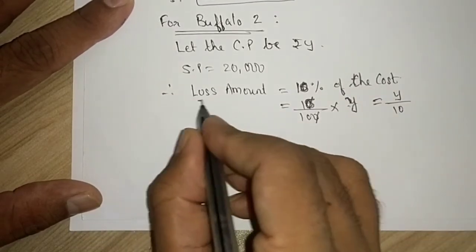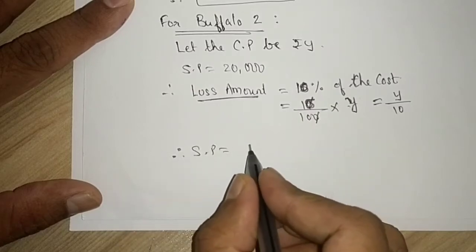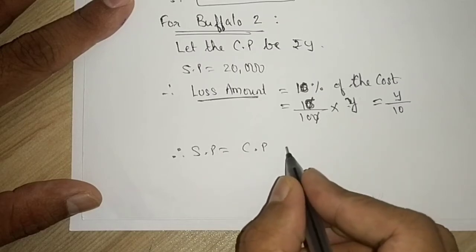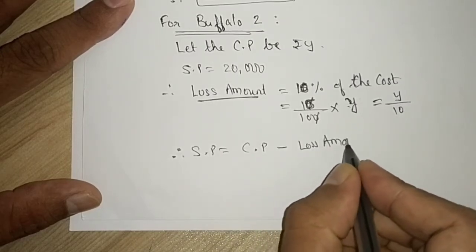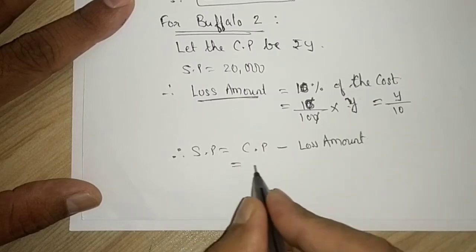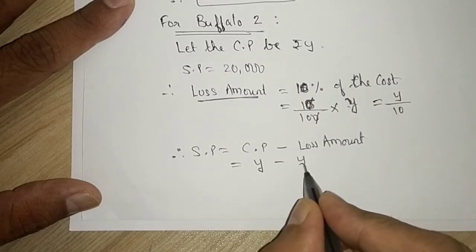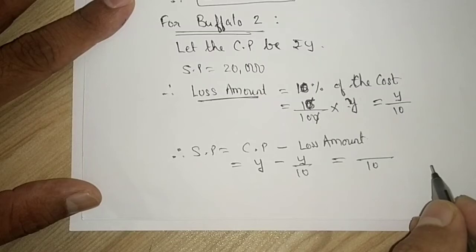Now when there is a loss, SP is equal to cost price minus loss amount. What is the cost price? It is Y that we have assumed, minus loss amount Y divided by 10. On solving it further, we will get 10 as LCM.